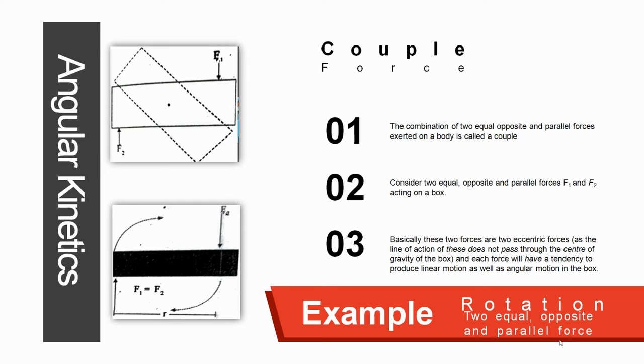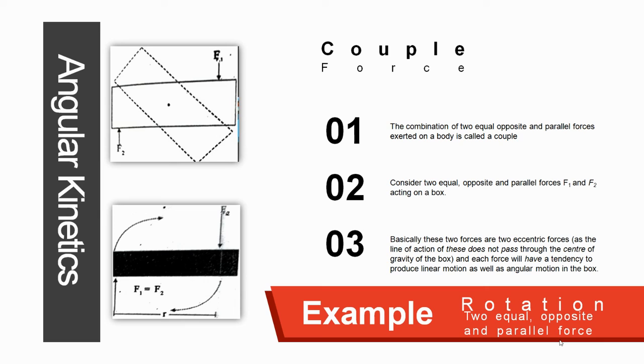The force F1 tends to produce rotation in the clockwise direction and linear motion in the forward direction. And F2 tends to produce linear motion in the box in the backward direction along with clockwise rotation. These two forces, being equal in magnitude and opposite in direction, cancel the translatory effect, that is, the linear motion, of each other.